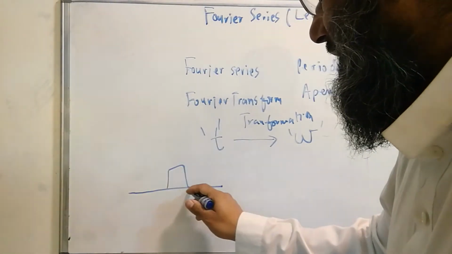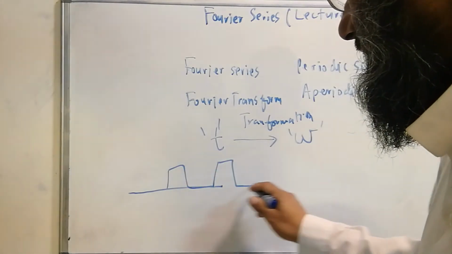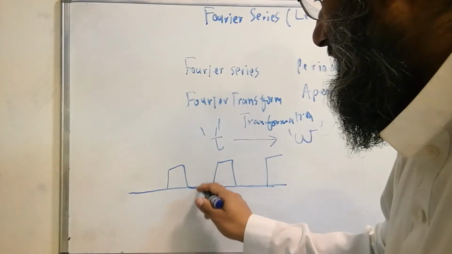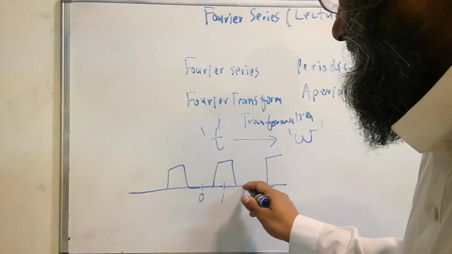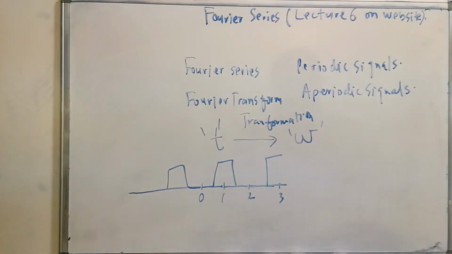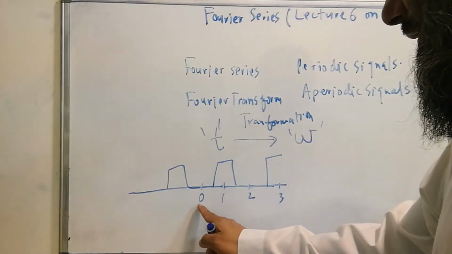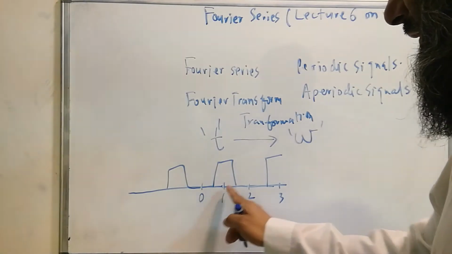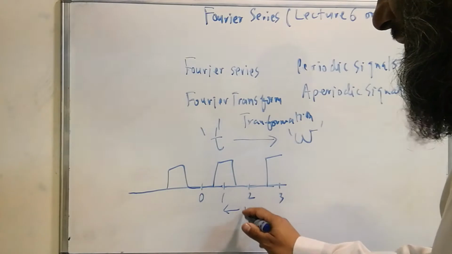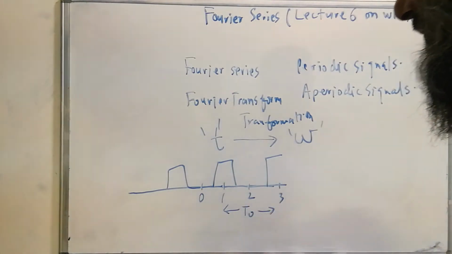So this is an example of a periodic signal. If this is 0, this is 1, this is 2, this is 3, this signal repeats after every 2 seconds. The time of repetition is called the time period.